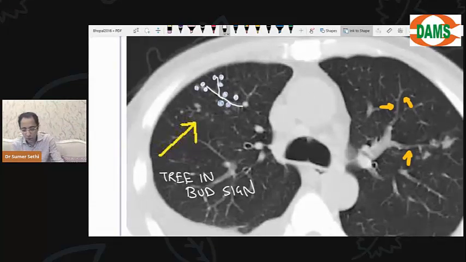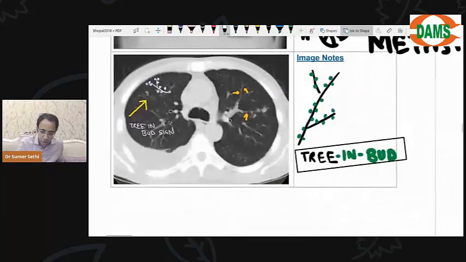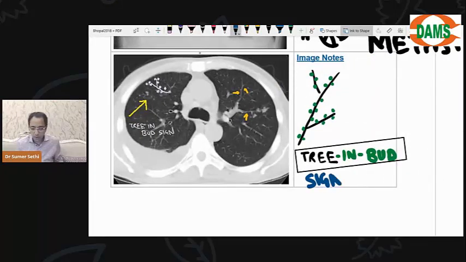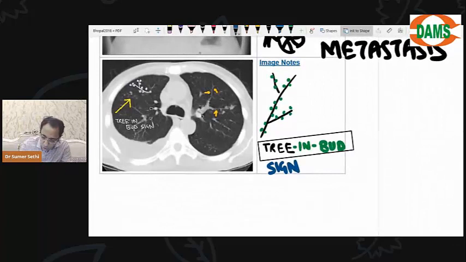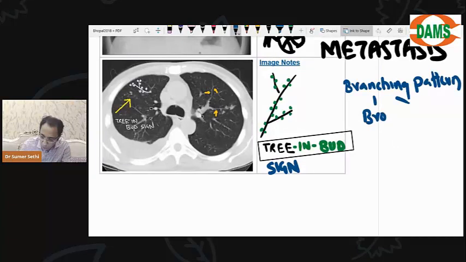Everybody understands? So this is where the children sometimes get confused. In the exam, they will say, in which condition do we see tree in bud sign? Tree in bud sign means that the nodules are seen in a branching pattern around the bronchovascular bundle.